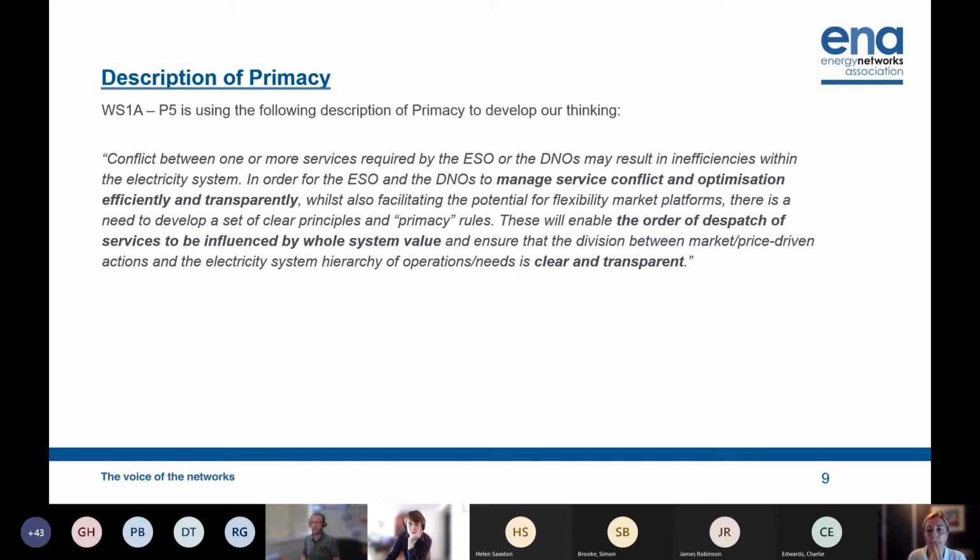We'll be looking to develop rules and principles that enable these services to be dispatched and influenced by their whole system value. And probably most importantly, we want this product and the rules and principles that are developed to be very clear and transparent with the whole industry.